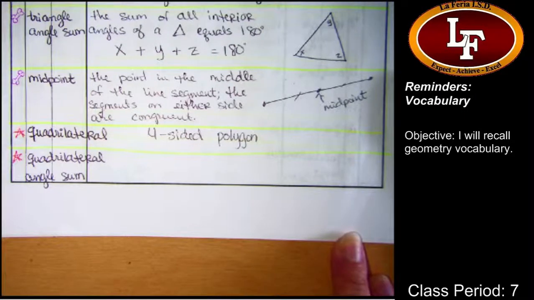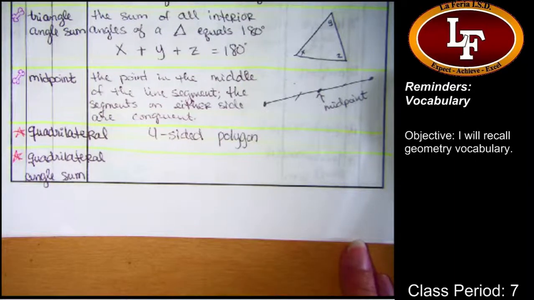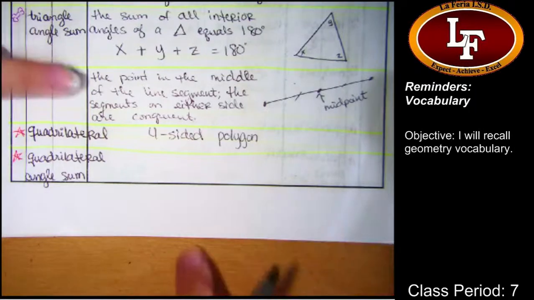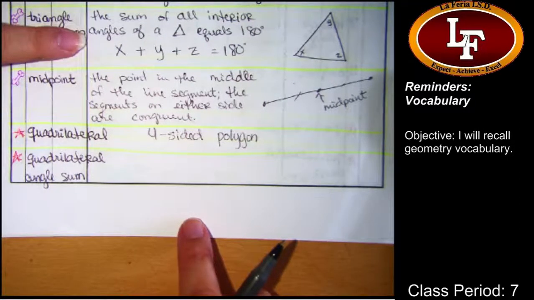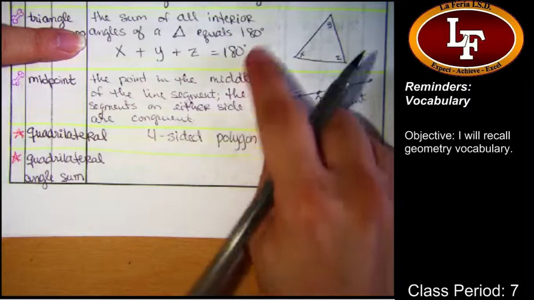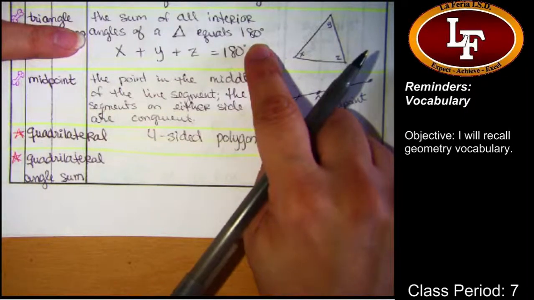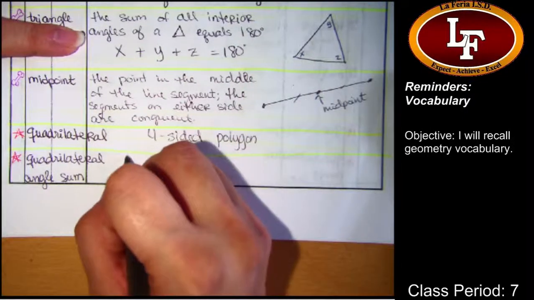When you add some angles in the quadrilateral, the angles have to equal 360. How many of the angles? All four. All right, so it's going to read a lot like this triangle angle sum then. But we're going to change it from 180 to 360. All right, let's write it.